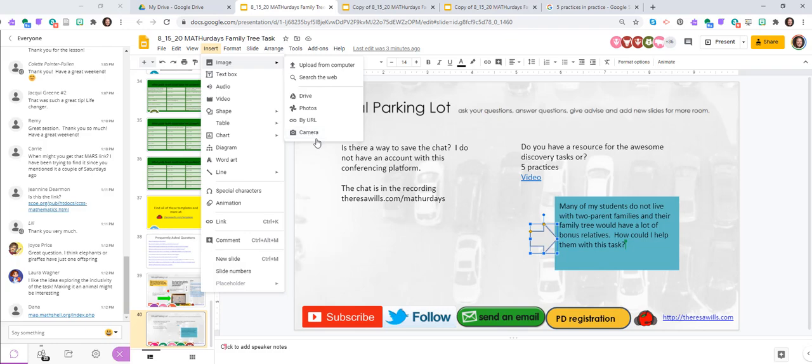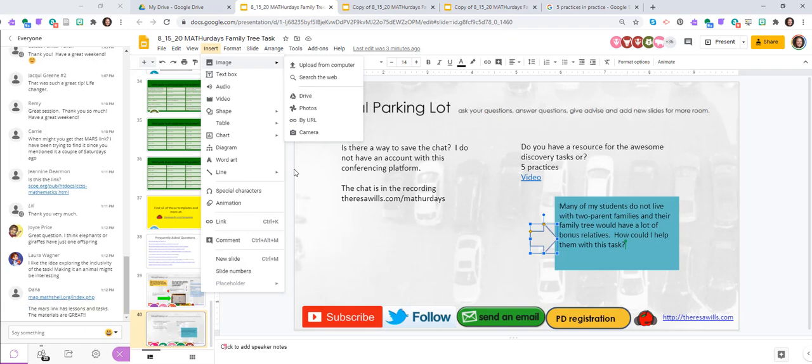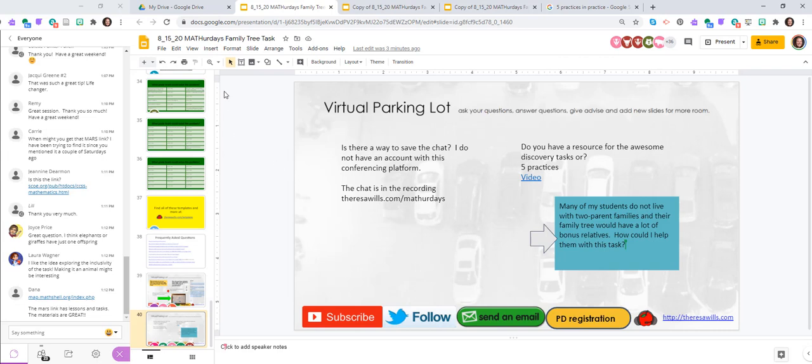And then, wait a minute. When I hold it, I hold it up to the camera? Yep, and there should be a way to just click that button. I don't have a camera on this computer, so I'm kind of going blind. Oh, I love that. What a good solution. Now when I take this picture, what happens? Does it come onto my desktop, or does it go right on the screen?